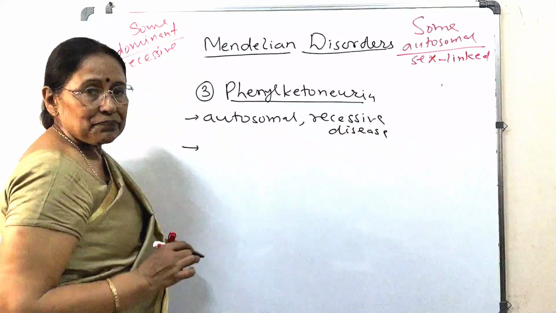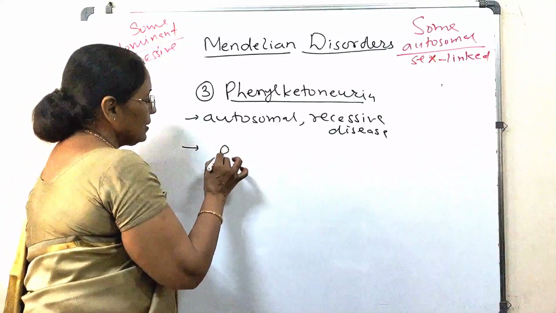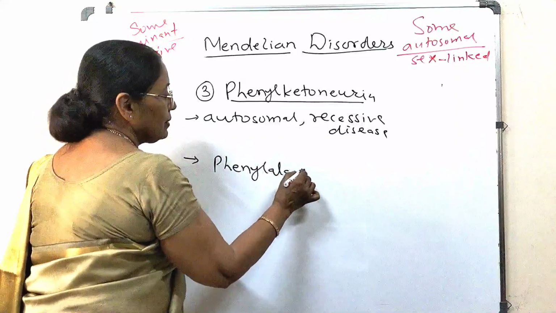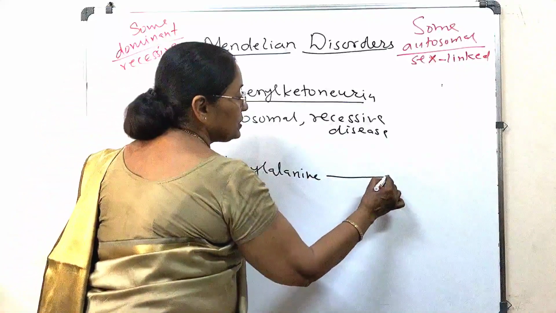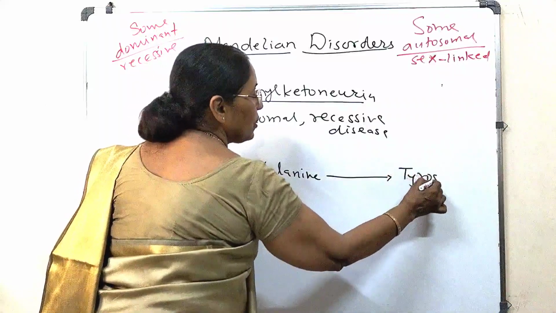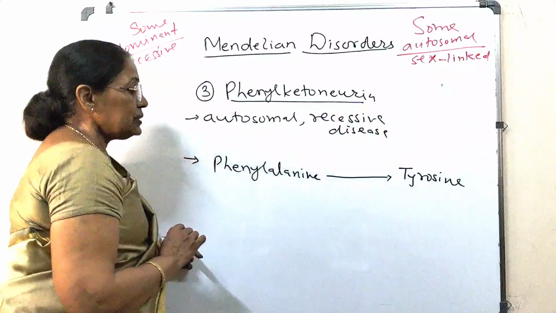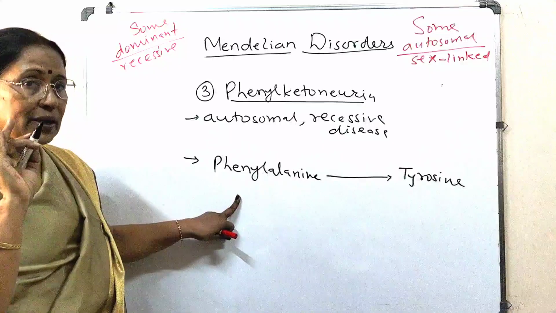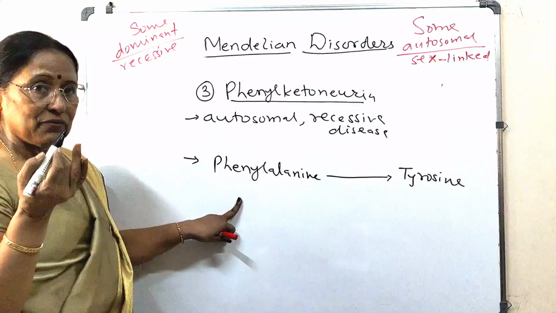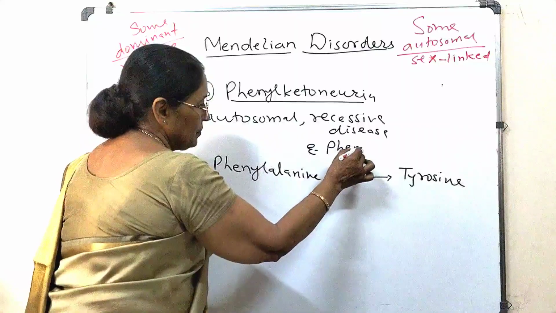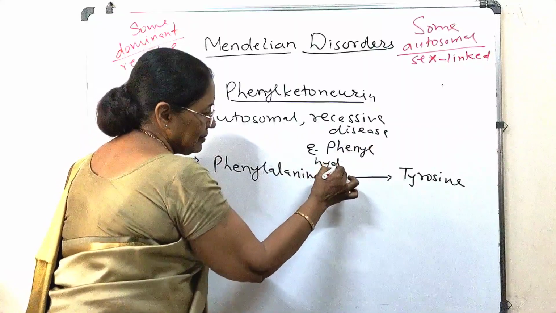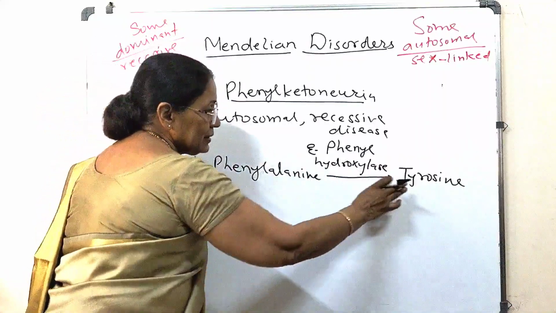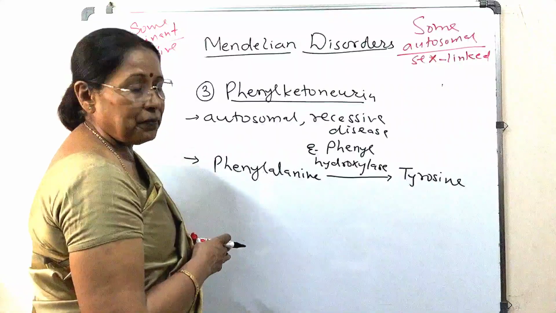In this disease, the phenylalanine molecule is not changed to tyrosine, which is its normal metabolism route. So this phenylalanine is not changed to tyrosine due to absence of an enzyme which is phenylalanine hydroxylase. So the hydroxylation does not take place and the tyrosine is not formed.